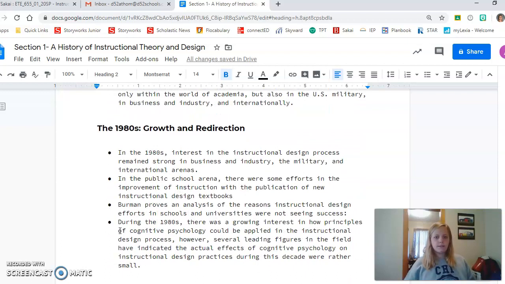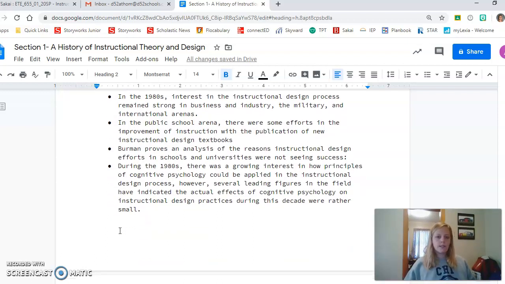In the 1980s, the focus on education and instructional design still remained strong. In public schools, there were some efforts to improve instruction with some new textbooks. They also looked at how principles of cognitive psychology could be applied in the instructional design process.